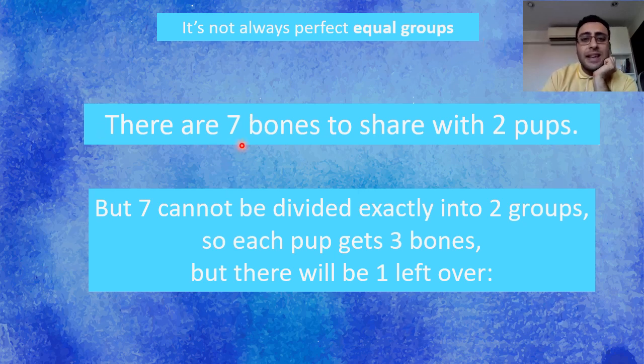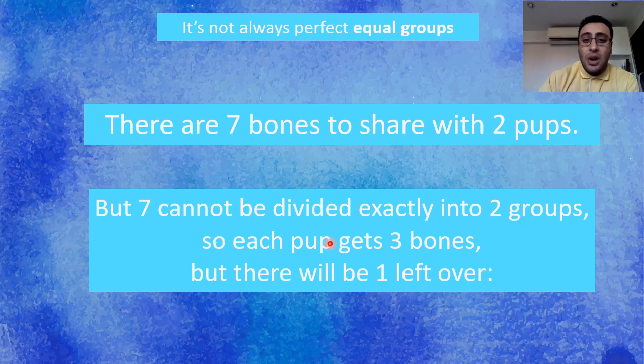There are 7 bones, like snacks, to share with 2 puppies. So you have 7 snacks, you have 2 puppies. But 7 cannot be divided exactly into 2 groups.